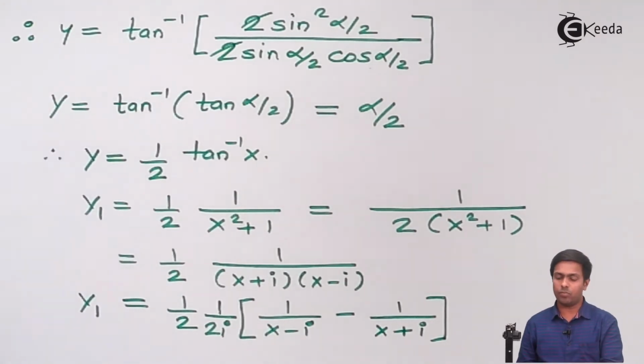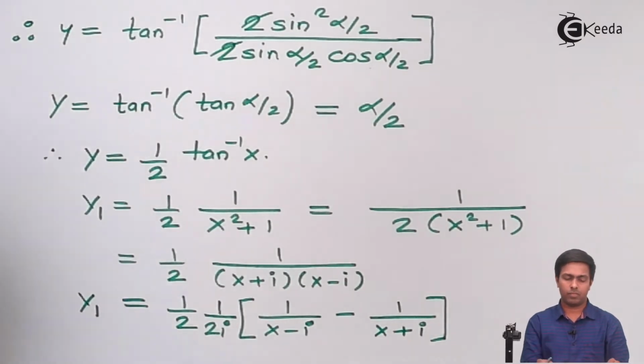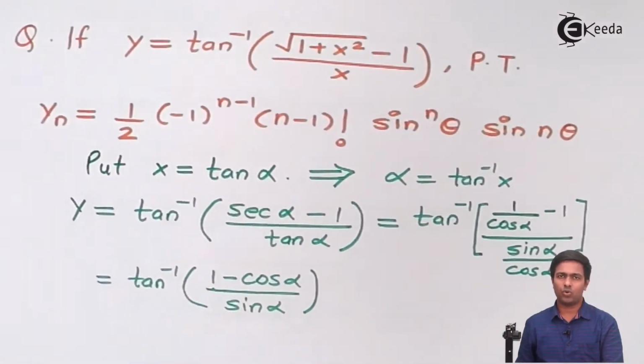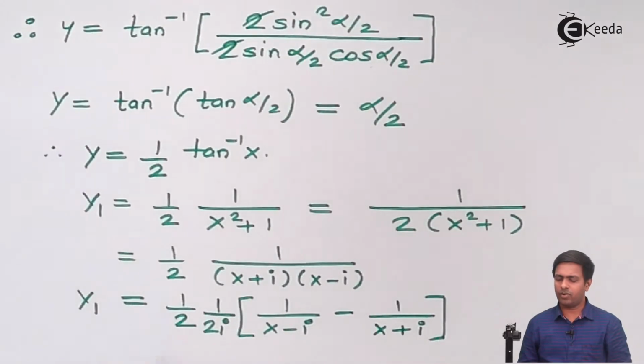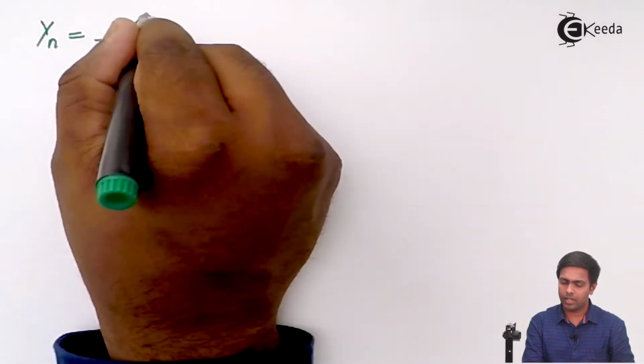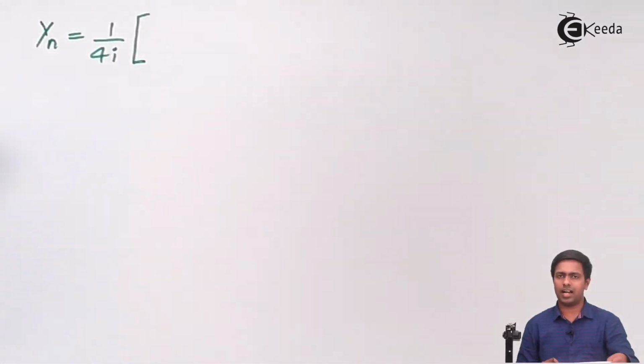But guys, if you observe the question, then we have to find out the value of yn only. So if I find out the nth derivative of this, then I'll get yn plus 1. So instead of finding the nth derivative, I will find out the n minus 1th derivative. So I will come one step back. By doing that, we will get yn as 1 upon 4i in the bracket. Now let's start.